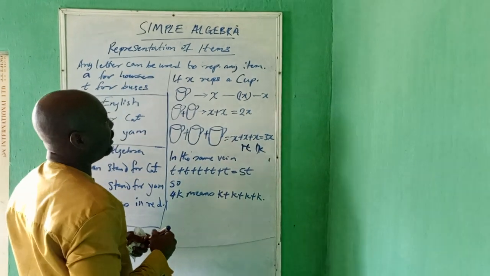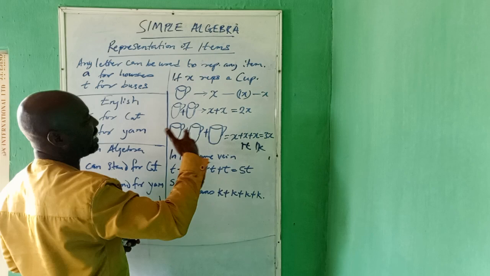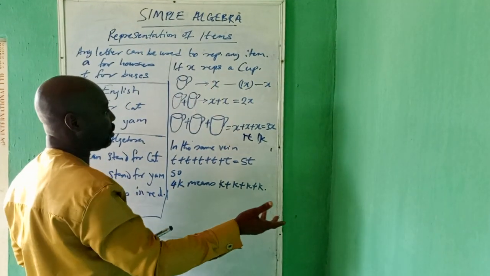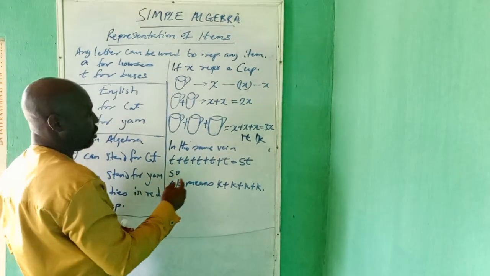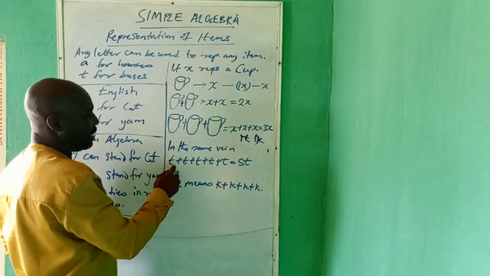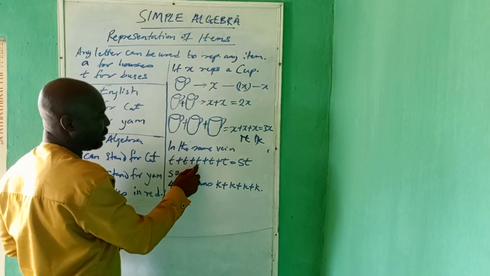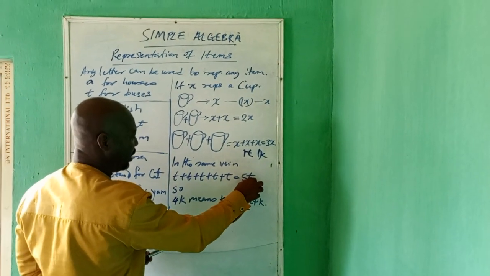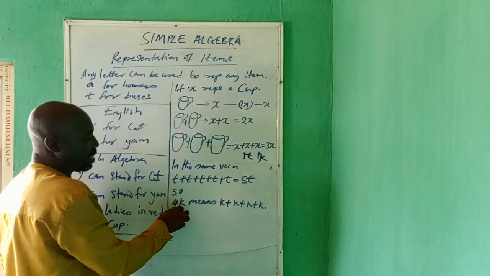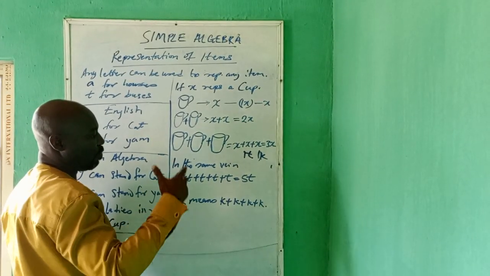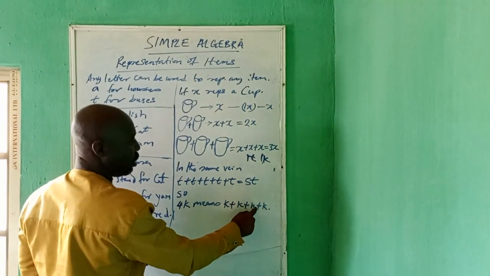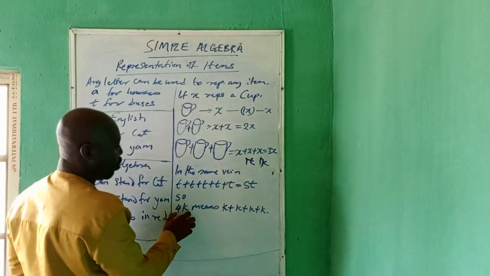So when you hear 3X, what we mean is adding X 3 times. In the same vein, if you add T 5 times, this is 1, 2, 3, 4, 5, you have 5T. So 4K means adding K 4 times. That is K plus K plus K plus K to give you 4K.